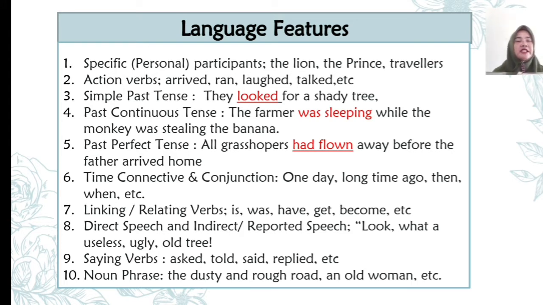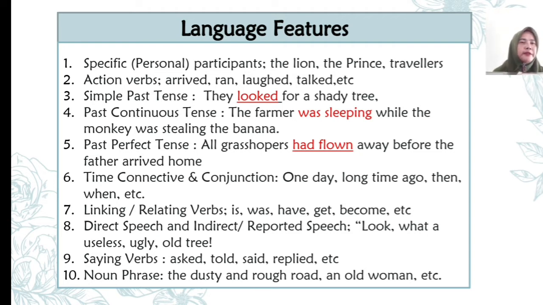Ada personal participant dalam setiap teks naratif. Misalnya siapa karakter dalam cerita tersebut, ya. Misalnya the lion, the prince, ya, or travelers. And then the second is action verbs. For example, arrived, ran, laughed, talk, etc.